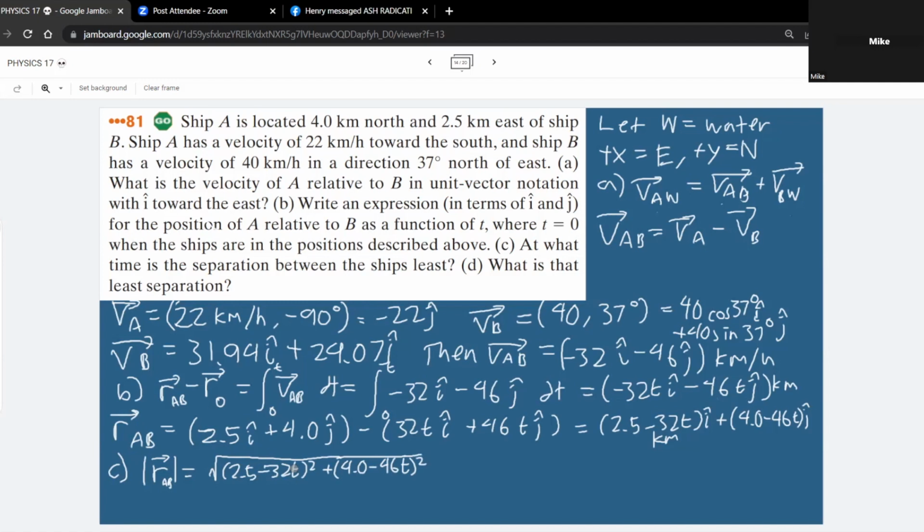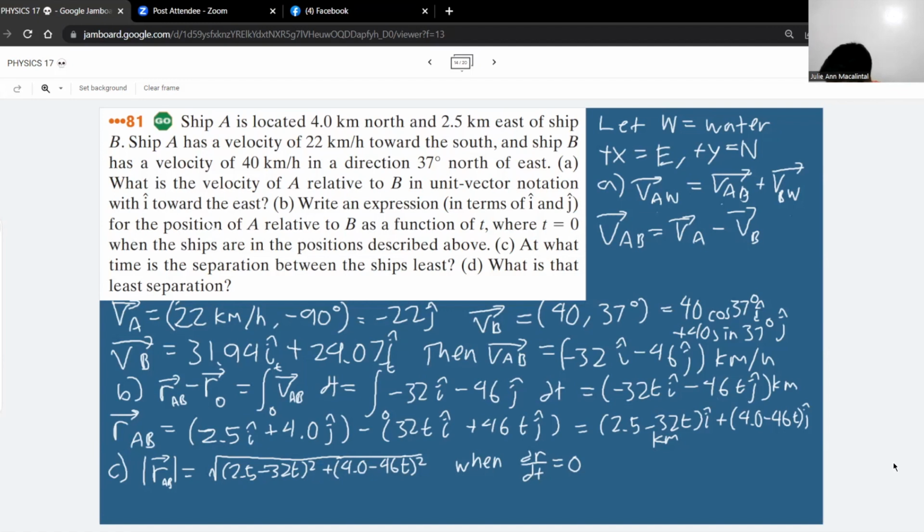Okay, so kailan yan minimum? When dr, di-derivative pala to. Kaya siya may 3 dots eh. Kailangan mong gawin yung mga ganyan.